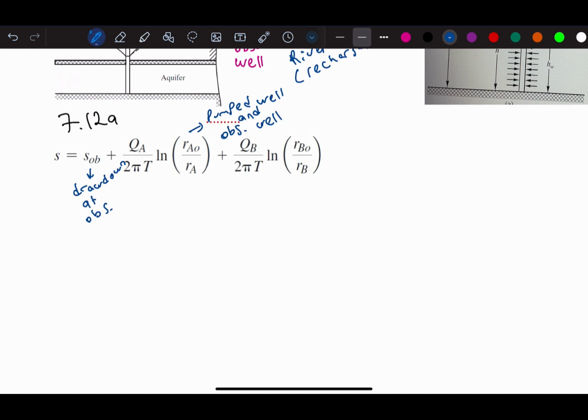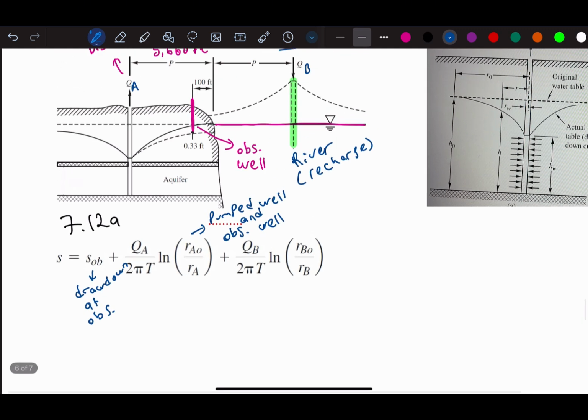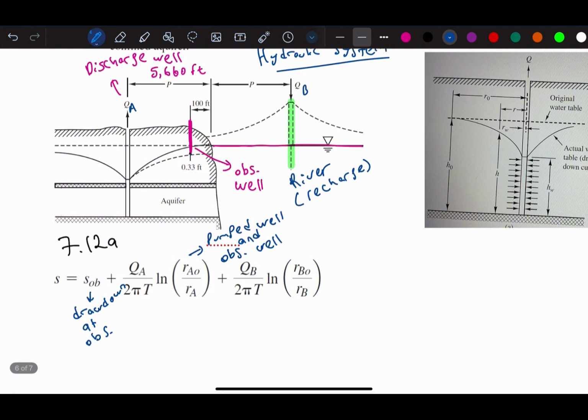And on the other part, we have QB, which is the flow rate at this location, which is the imaginary well. And we have RBO, and this is the distance between the imaginary well and the observation well.